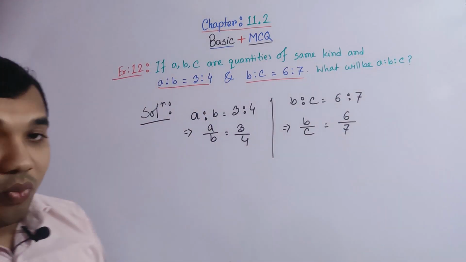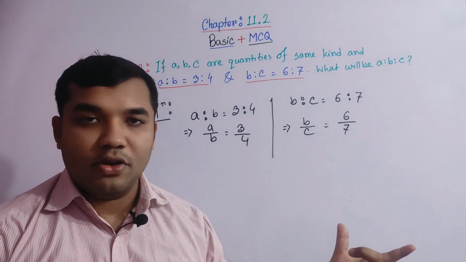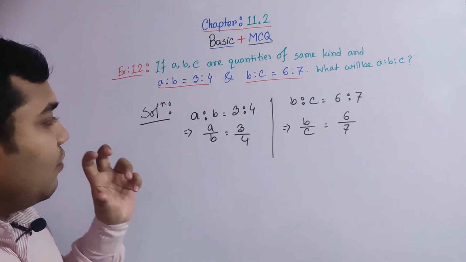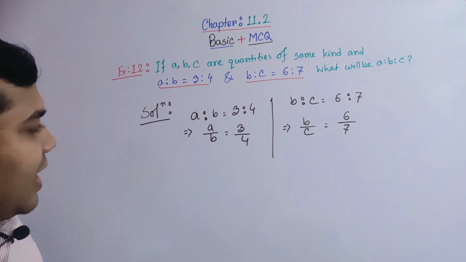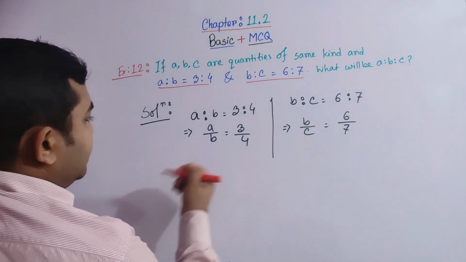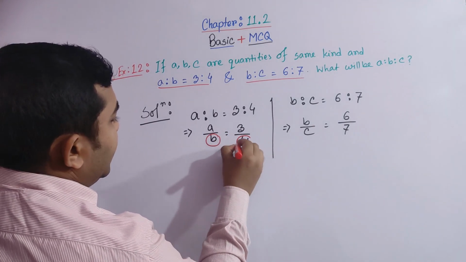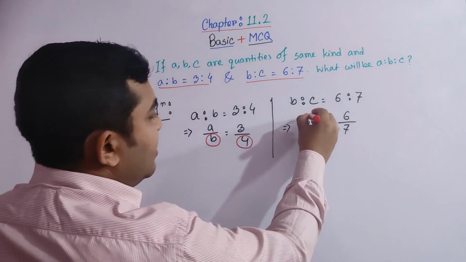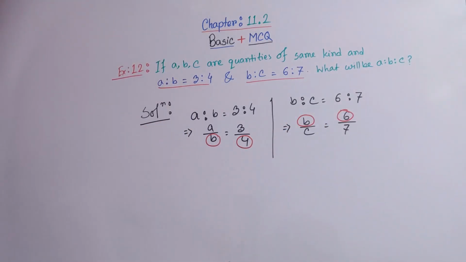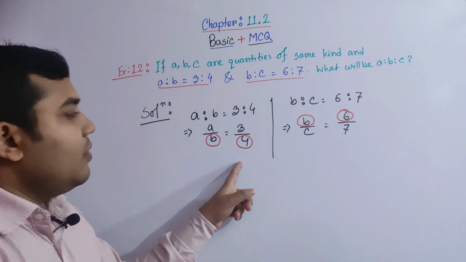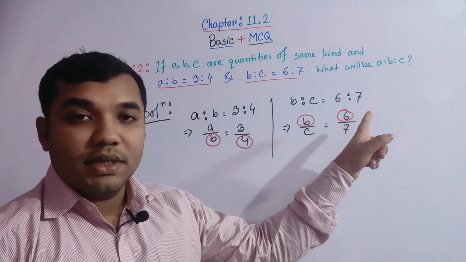What I said at the very beginning of our lecture was that we have to identify the value of B. Here the value of B is 4, and here the value of B is 6.